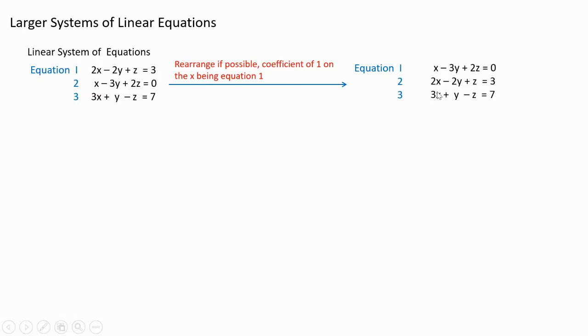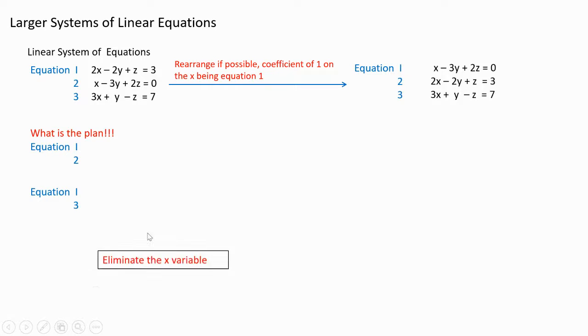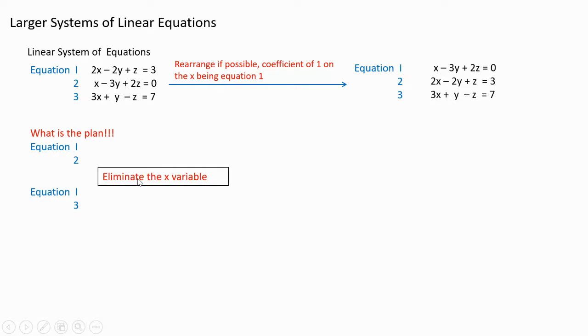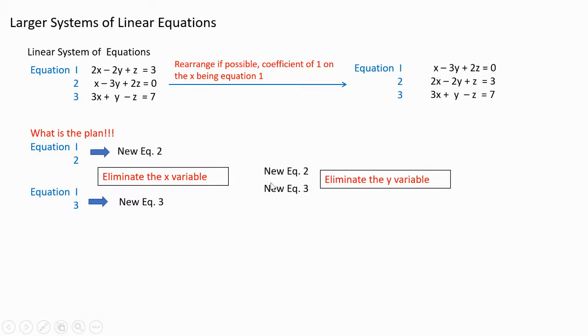Okay, now, what's the plan? Here's the plan. I'm going to take equation 1 and equation 2, and equation 1 and 3, and get rid of the x's. Eliminate the x's. Then I'm going to have a new equation 2 and a new equation 3. Then I'm going to take the new equation 2 and the new equation 3 and eliminate the y's.